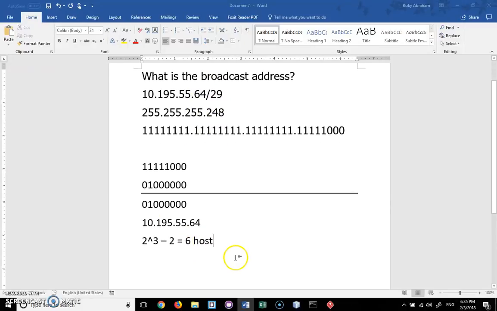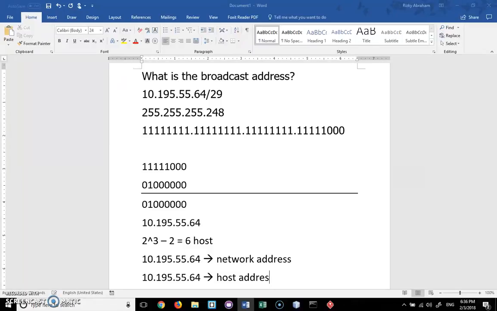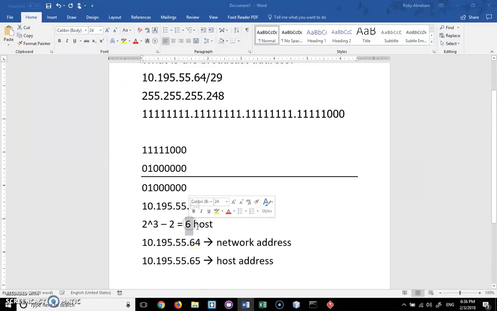With that in mind, with 10.195.55.64 as the network address, the first possible host address would be 65, and we can only have 6 hosts.